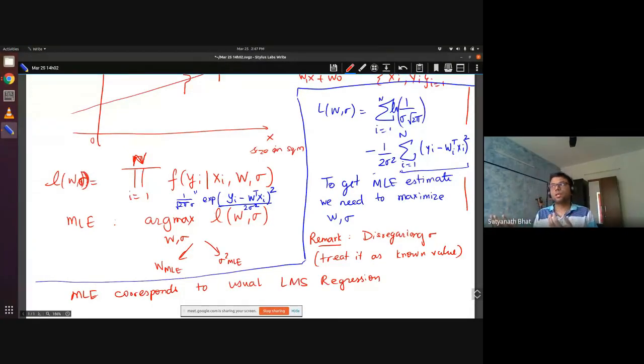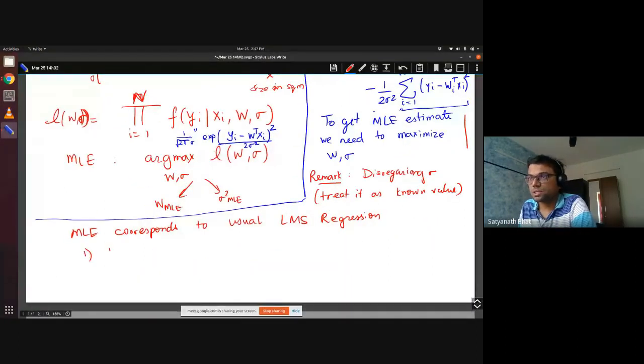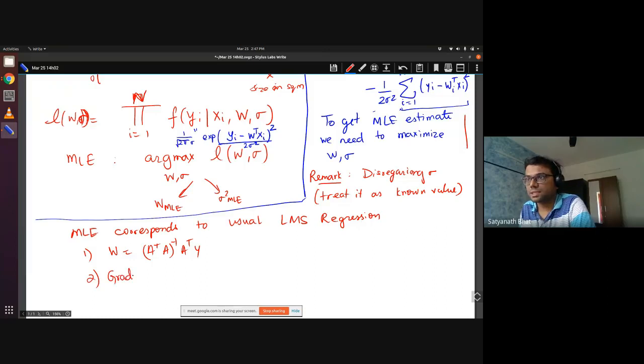The probabilistic model is also asking you to do least mean square regression. So this is the insight I wanted to tell. One is your usual least mean square; how do you solve it? Again, there are two ways. You can use the normal equations, which is W is equal to (A transpose A) inverse A transpose Y. That is method one, or the second method is gradient descent.